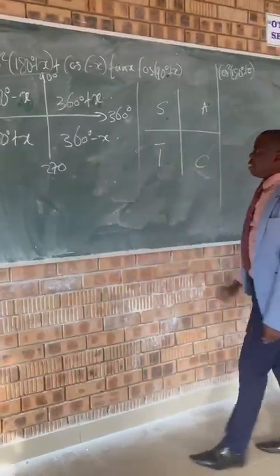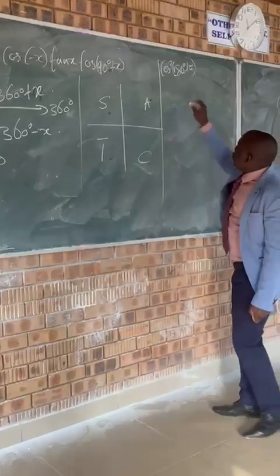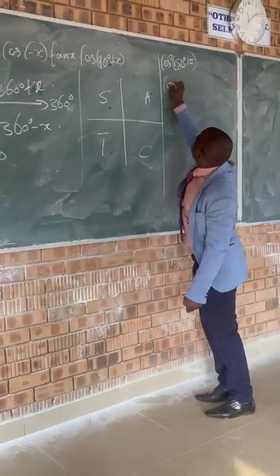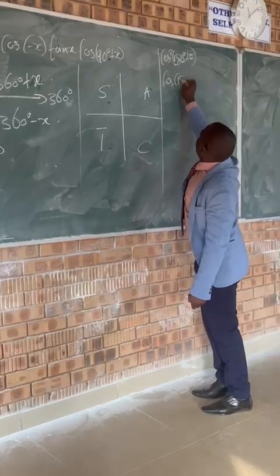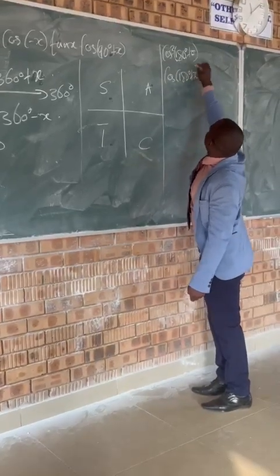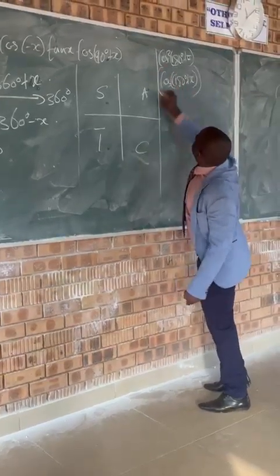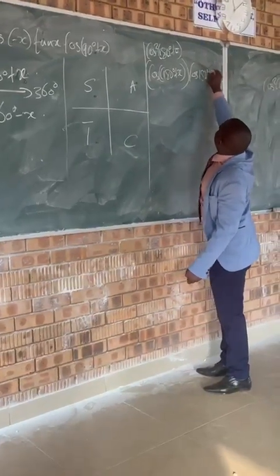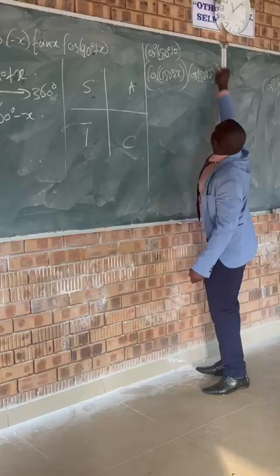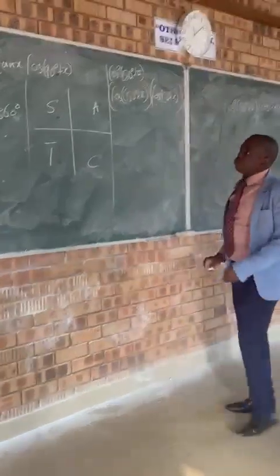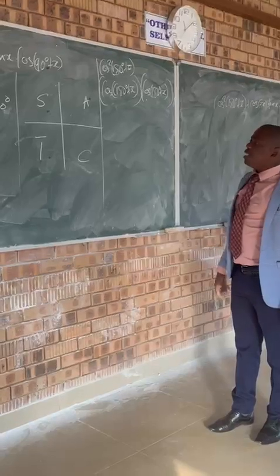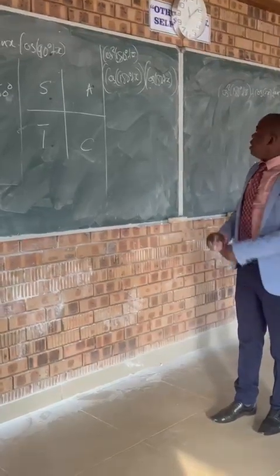Simplifying it gives us cos(180 degrees plus x) multiplied by cos(180 degrees plus x), since squaring means writing the same thing twice.